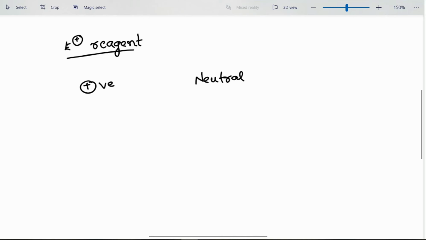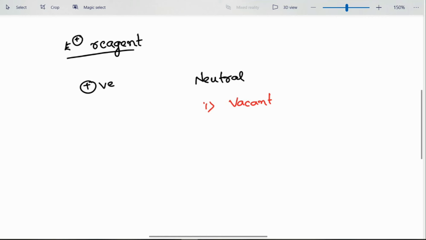the neutral electrophilic reagents are attacked by the substrate because these neutral reagents may have vacant octet orbitals.